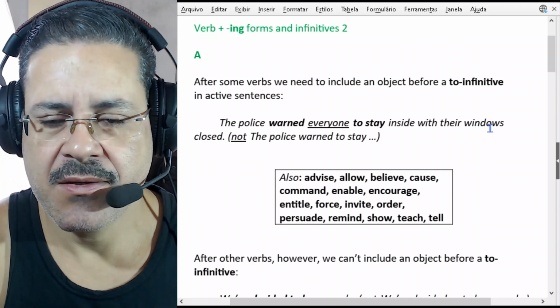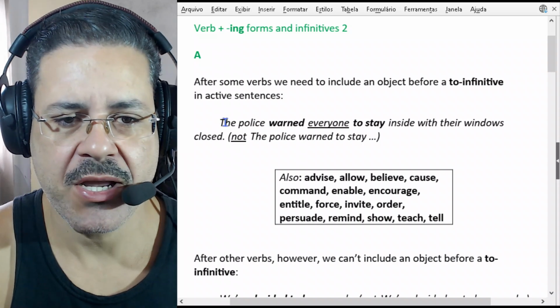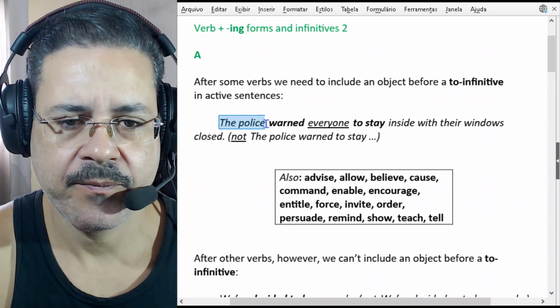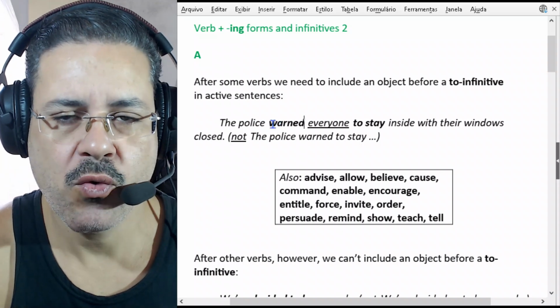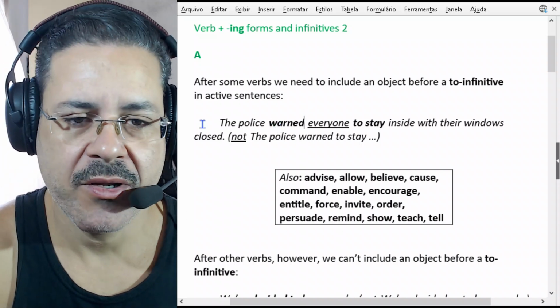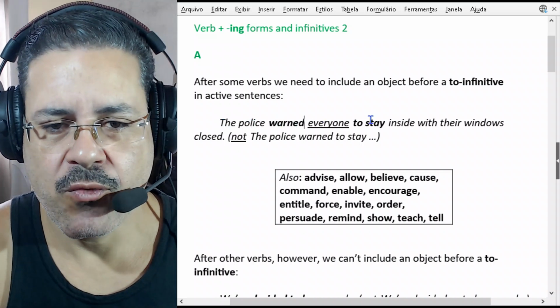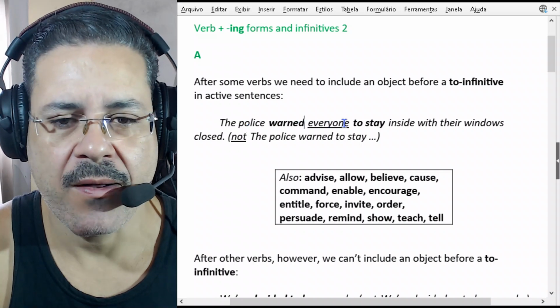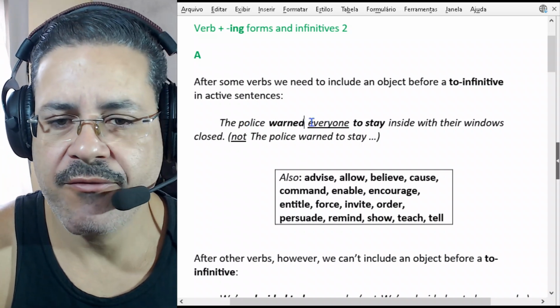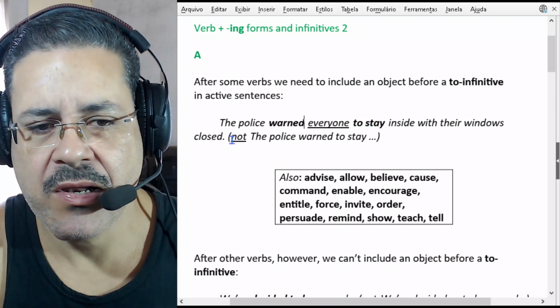This is the basic principle of a sentence where we've got the subject, the police. The police warned who? The police warned everyone. The police warned everyone to what? To stay inside with their windows closed.